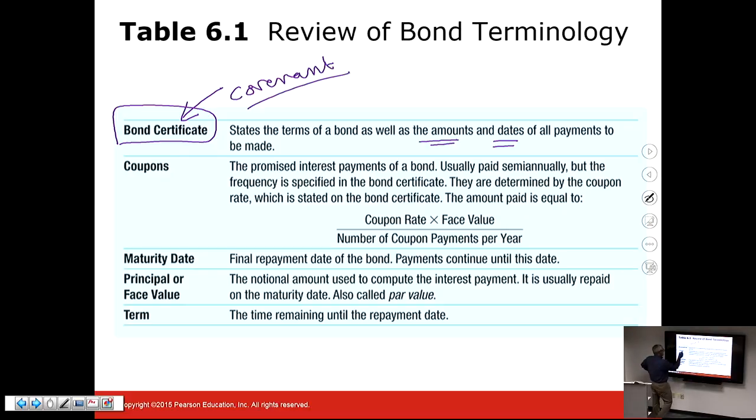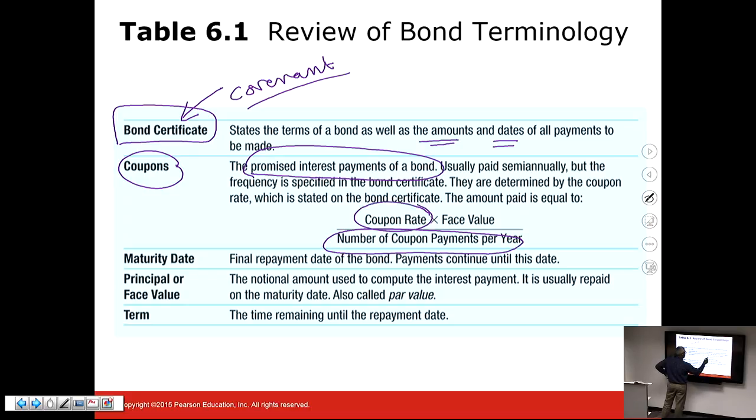It states the coupons, the promised periodic interest payments. It has to also state the number of payments per year and the coupon rate. It has to state the maturity date, which is the final date on which the principal would be repaid. It has to state the principal or face value, typically $1,000 for corporate bonds.